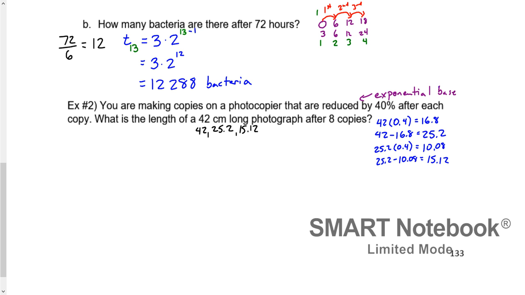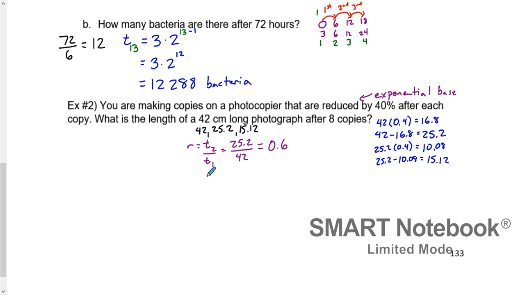In order to find out what our ratio is, remember, our ratio is used by taking term 2 divided by term 1. So in this case, 25.2 divided by 42. All I'm saying is it's not 40%. 25.2 divided by 42 is 0.6.